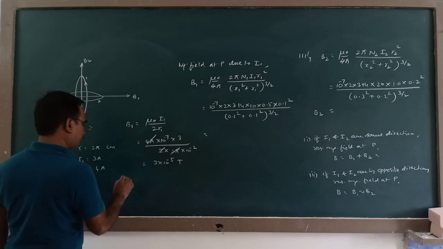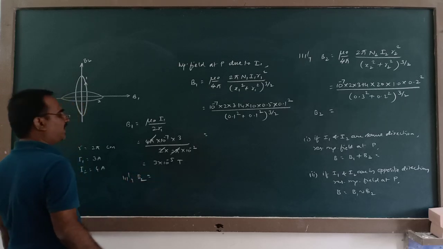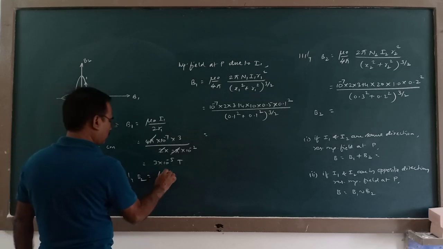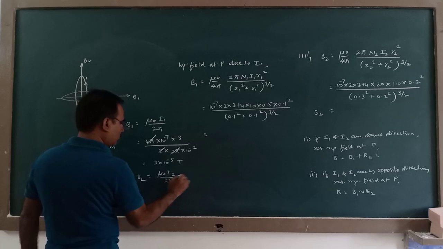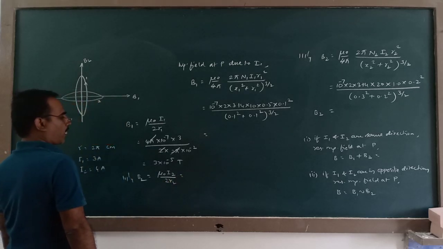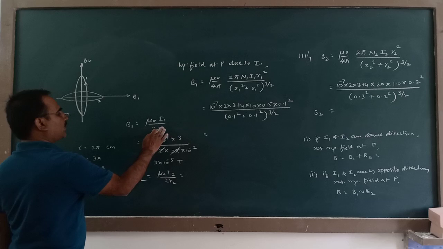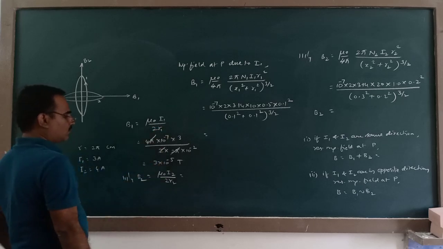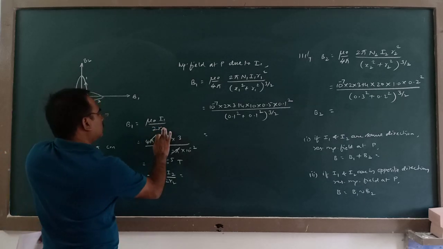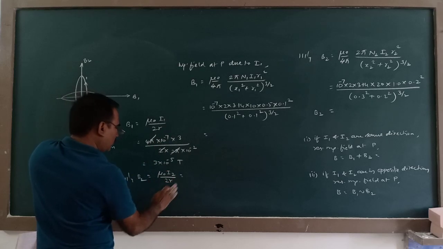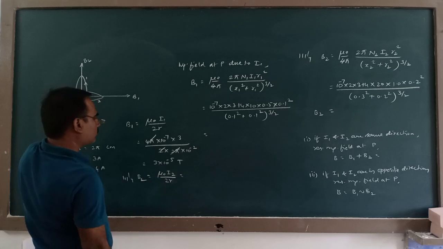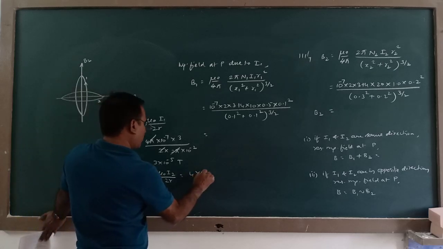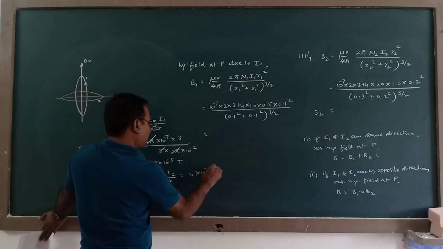Similarly, if I find B2, mu naught I2 divided by 2R2. R1, R2 both are equal, radius being same, you can take R. The only difference is in place of 3 you will get 4. So it becomes 4 into 10 to the power of minus 5 Tesla.